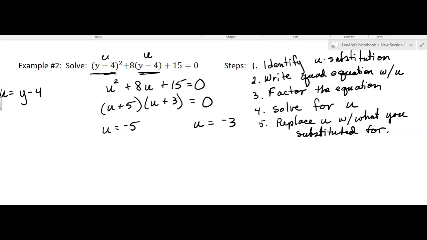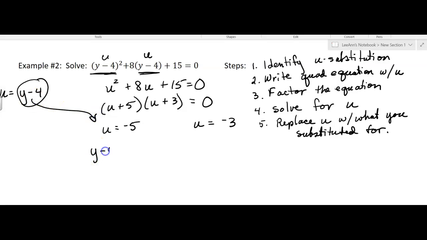It might not be x. This time it's not x, it's y minus 4, but there's the thing that we let U equal. We said let U equal y minus 4. We did that so we could have a quadratic equation and we could solve it. Now we've got to put the y minus 4 back in. We're going to put it in here.